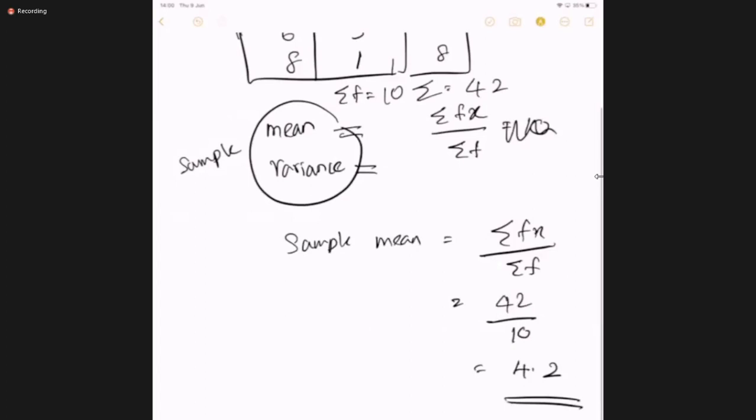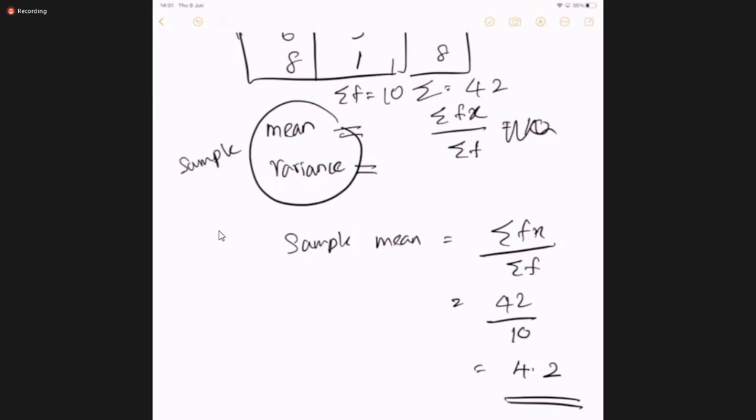So this is the sample mean for this data set. Is that clear, guys? I hope you understood how to find the sample mean. After finding the sample mean, we are going to find the sample variance or sample standard deviation.